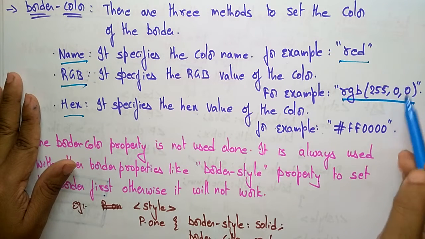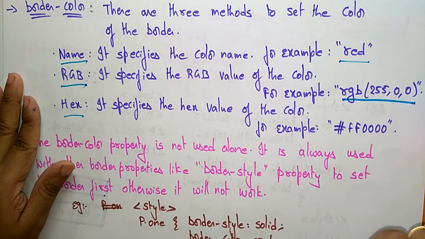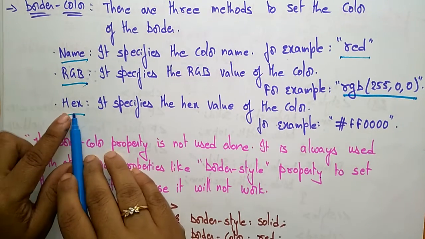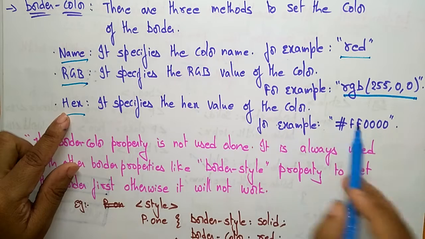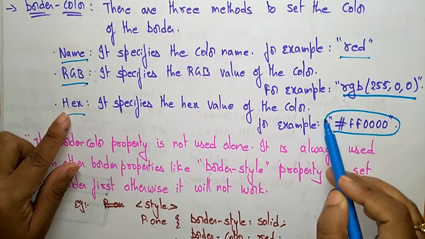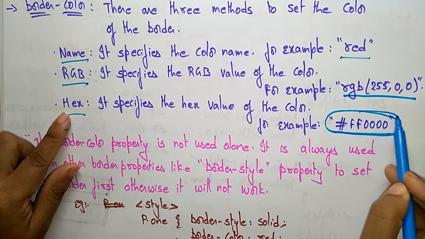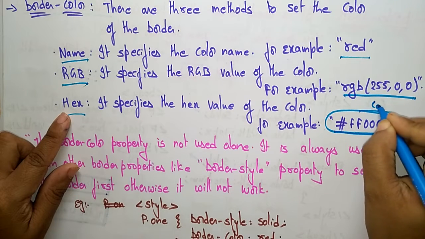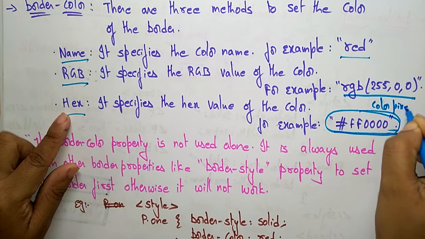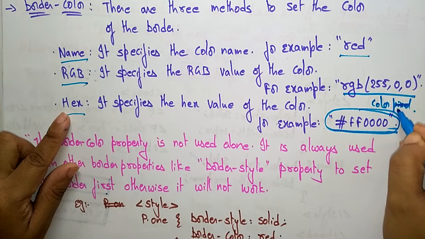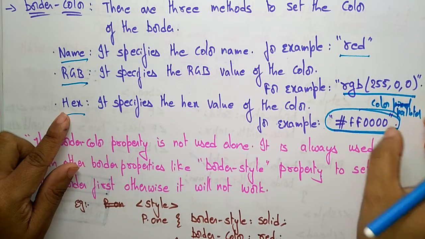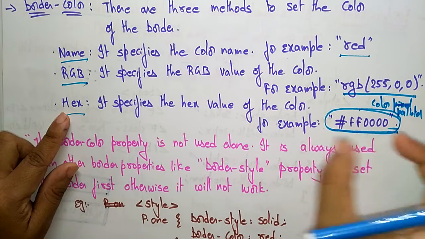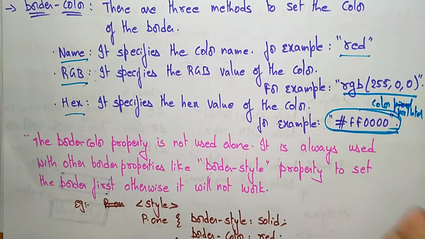So how much red and how much green and how much blue you want, like that. Hex specifies the hex value of the color. This value can be identified with the help of the color palette. You just take the palette.